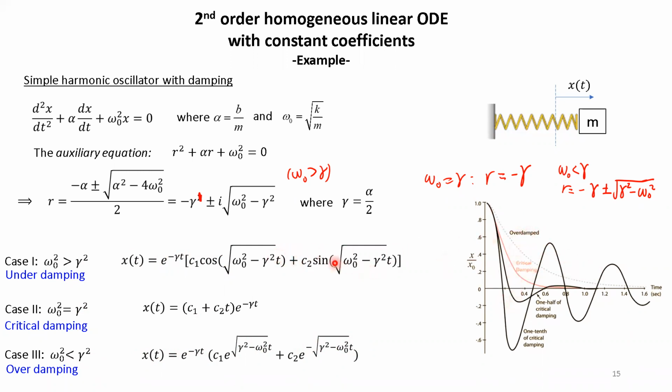Under damping means the position of this particle as a function of time is exponentially decaying, but also oscillating. It keeps oscillating, but the amplitude of the oscillation decays over time. For the other two cases, you just have the decay, with no sine cosine oscillation.